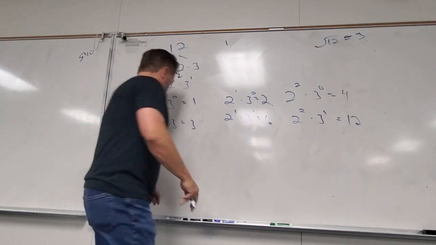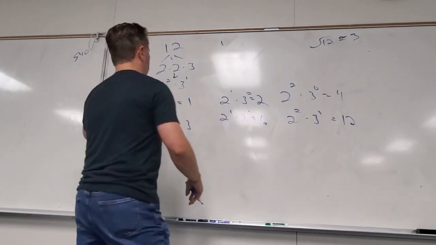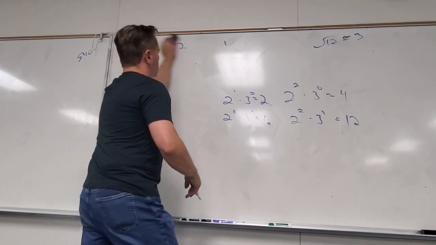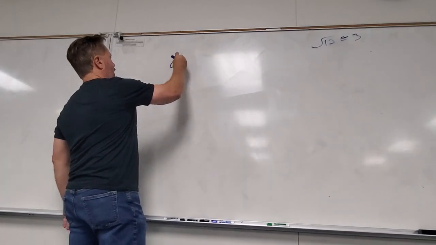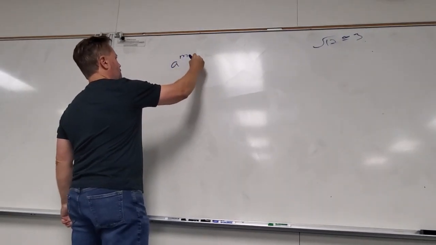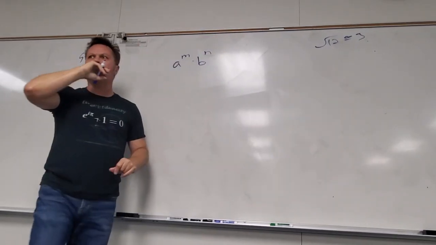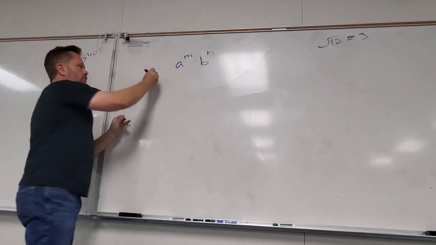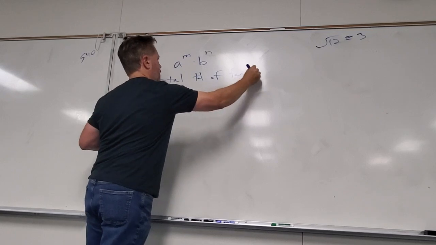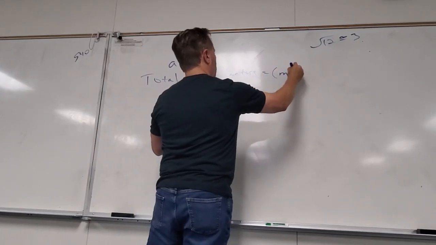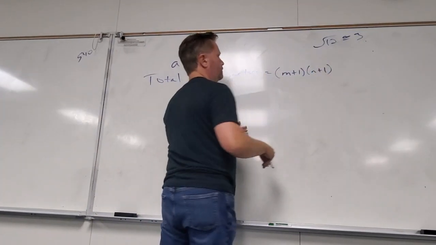So in general, this is really cool. In general, if I have a to the m times b to the n, we'll extend it here in a minute, the total number of factors would equal m plus 1 times n plus 1.